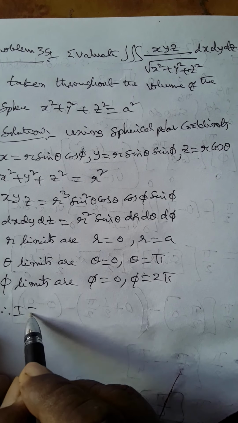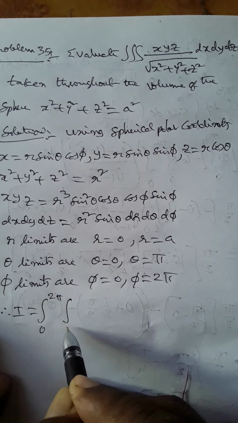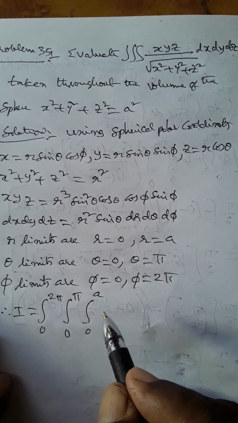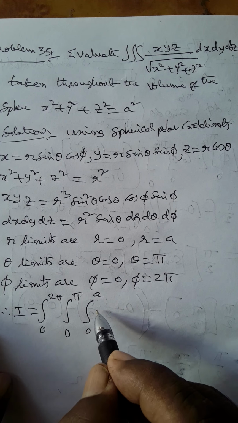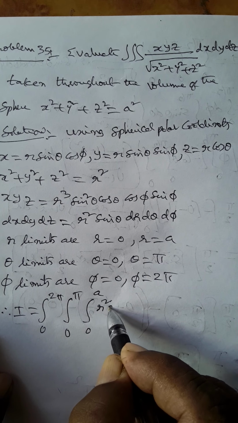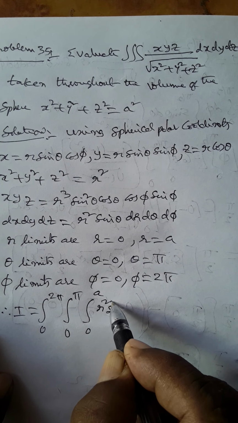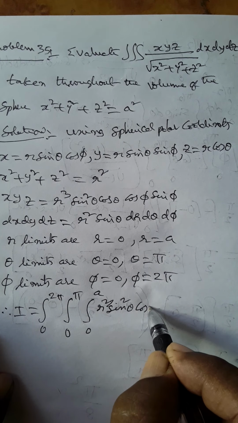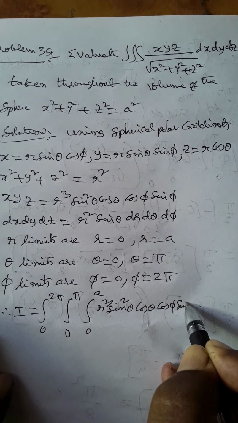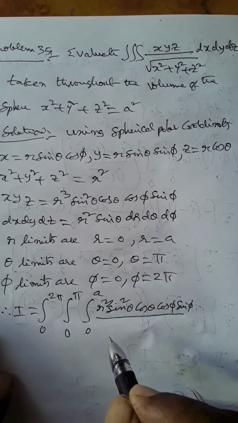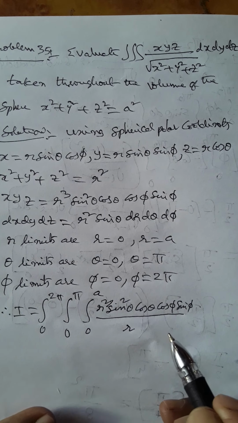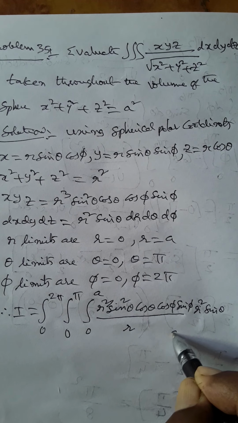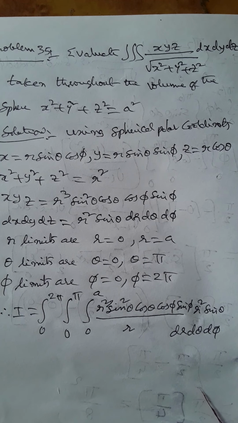Therefore, I is equal to integral 0 to 2 pi, integral 0 to pi, integral 0 to a of xyz, r square, r cube sin square theta cos phi sin phi by root r square, where dx dy dz is r square sin theta dr d theta d phi.